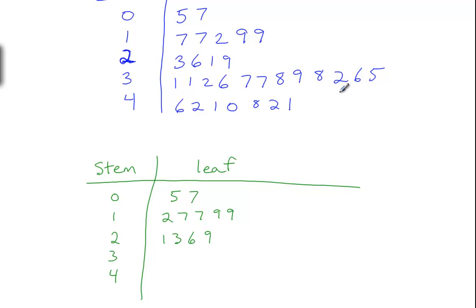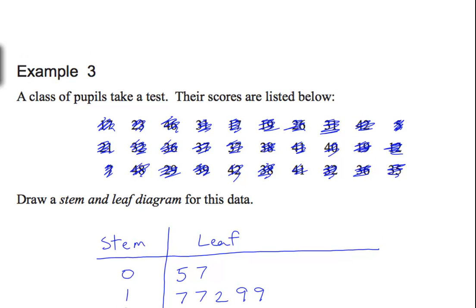This one we're going to go 1, 1, 2, 2, and then 5, 6, 6, 7, 7, 8, 8, 9, 9. And finally we will have 0, 1, 1, 2, 2, 6, 8.